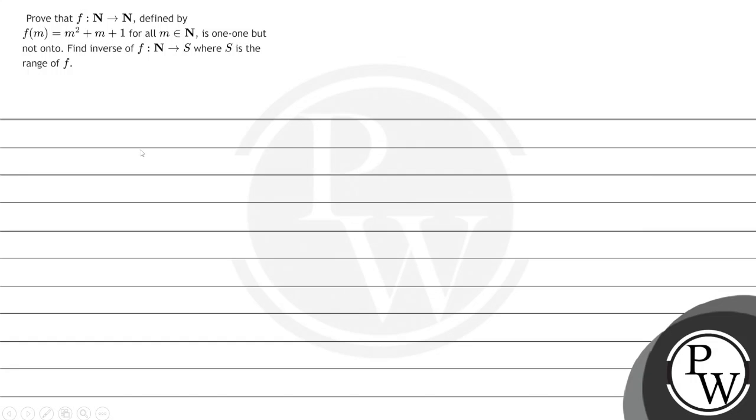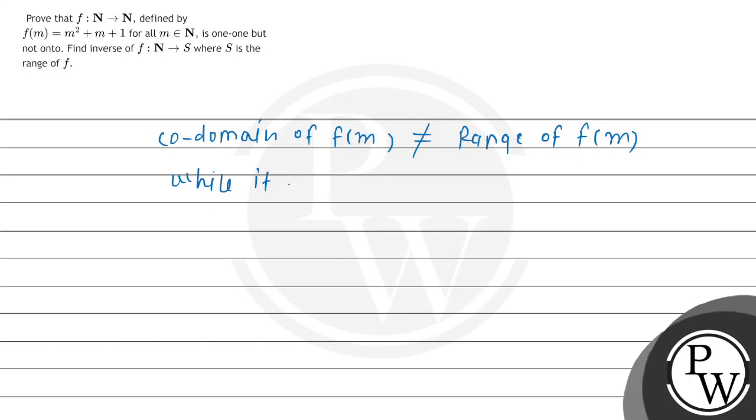So we can say finally here that the codomain of f(m) is not equal to the range of the function. The range of the function, or we can say f(m), is a subset of the codomain.